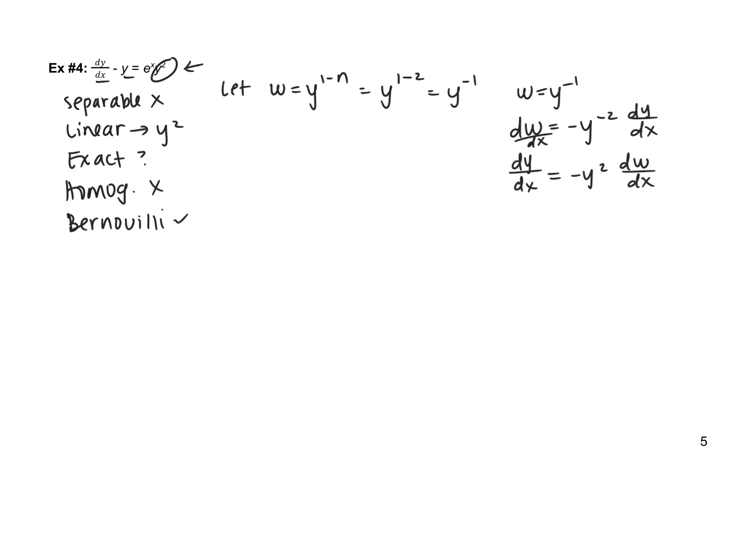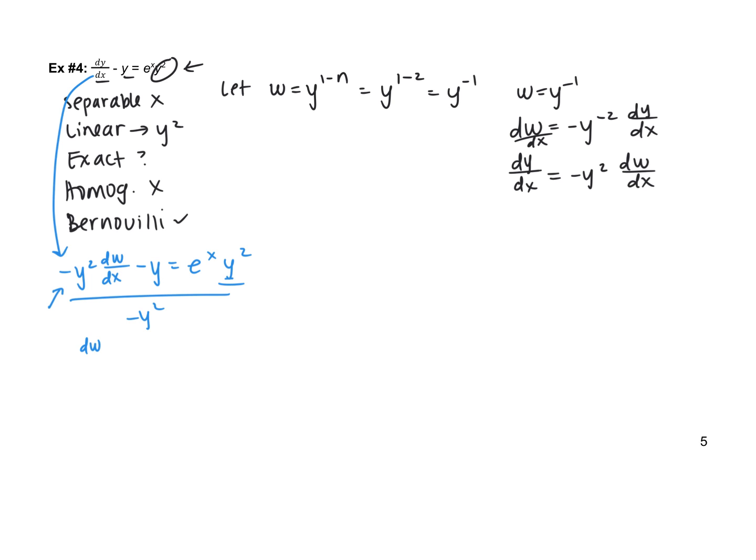Now we are going to return to our equation and do some substituting. So we get negative y squared dw/dx, subtract y is equal to e to the x y squared. Because of this y squared, we're going to have to divide out the y squared. I'm actually going to divide out a negative y squared so that I get a lead coefficient of 1.